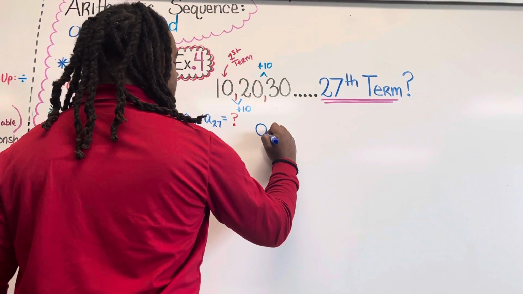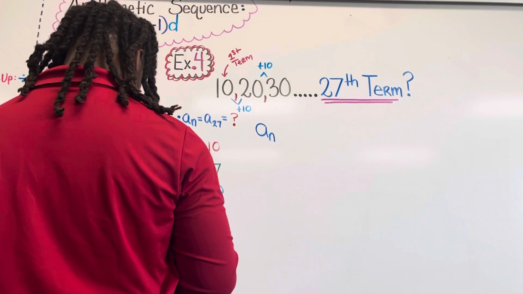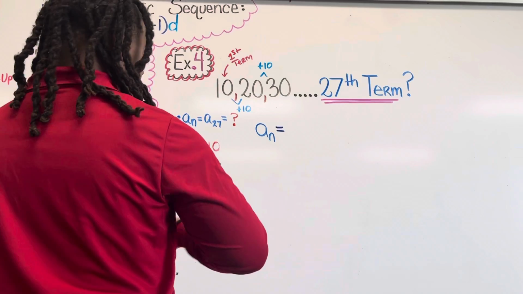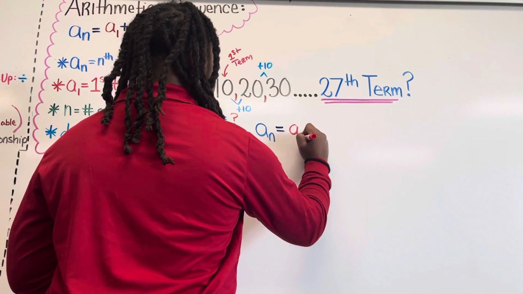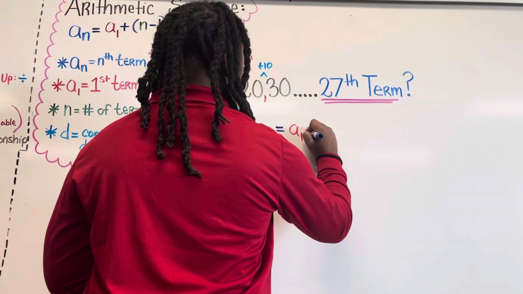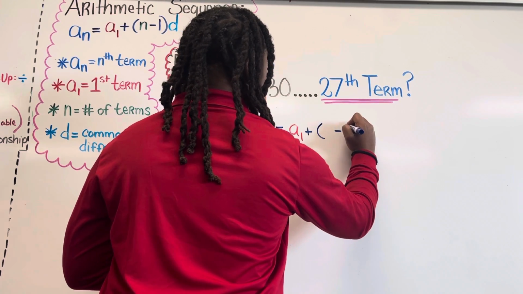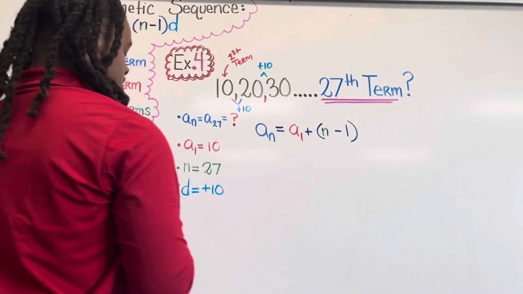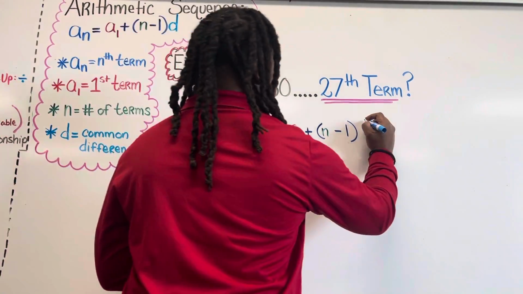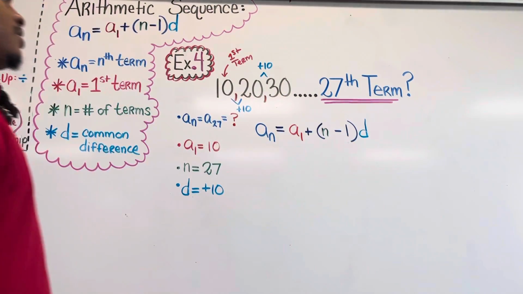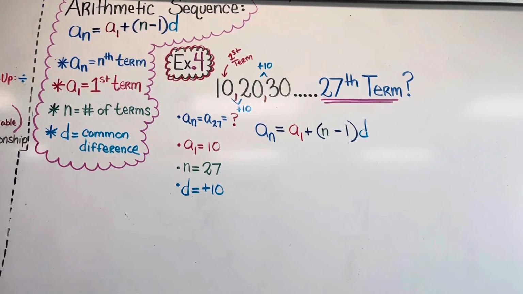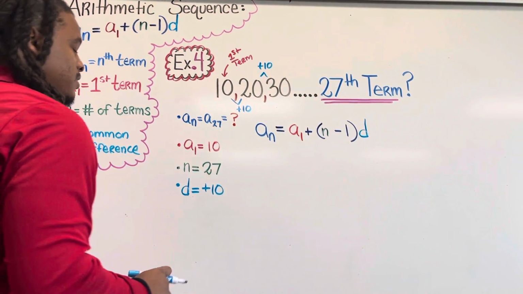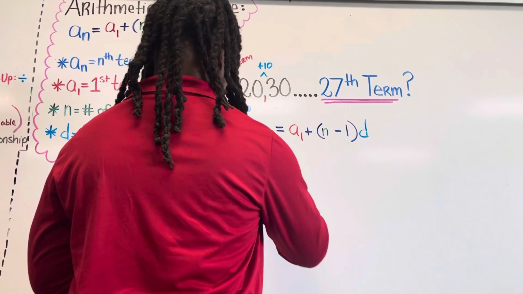Once again, I have a_n equals a_1, which is the first term, plus (n minus 1), n representing the number of terms, times d, which is the common difference. So once again, all we're going to do is plug these values into the formula to find out what is the 27th term, okay?